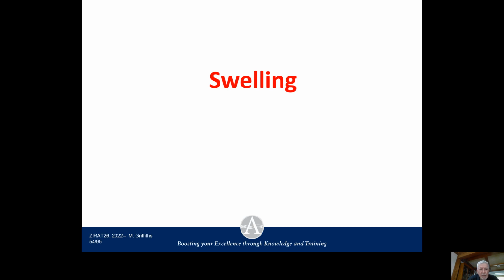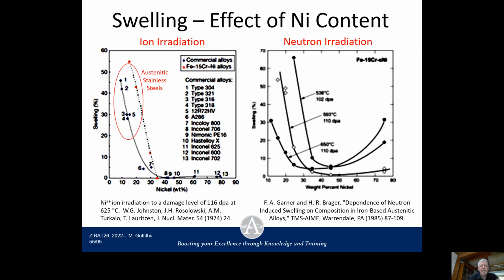Okay, let's talk about swelling. So swelling is an issue for certain components, mostly in fast reactors. And steels in particular have a high propensity for swelling.